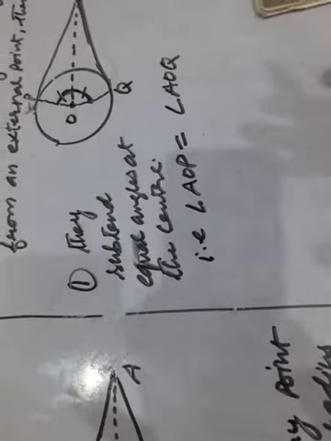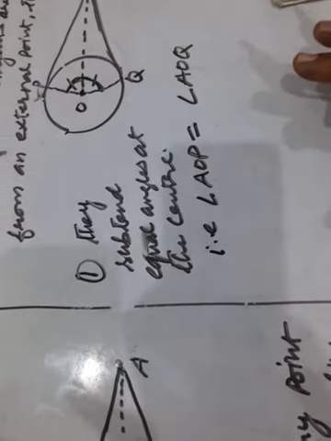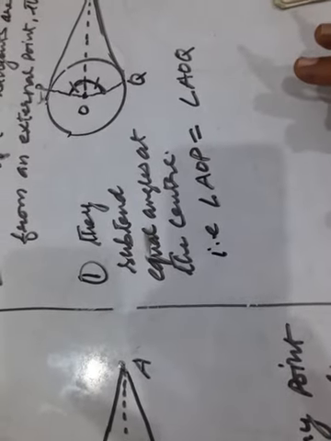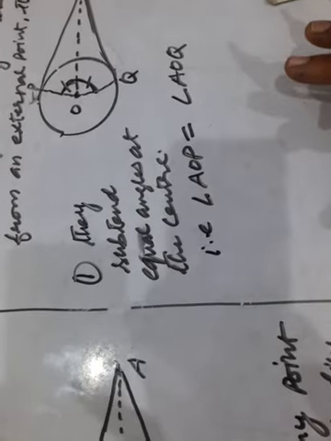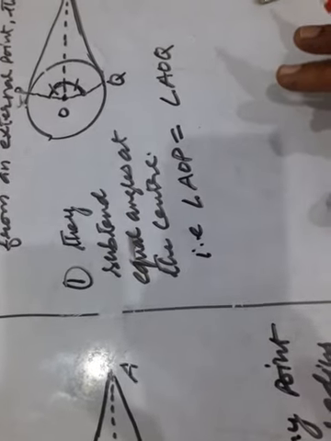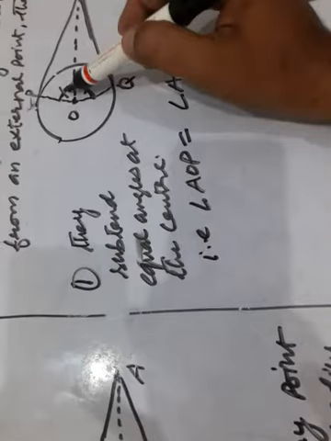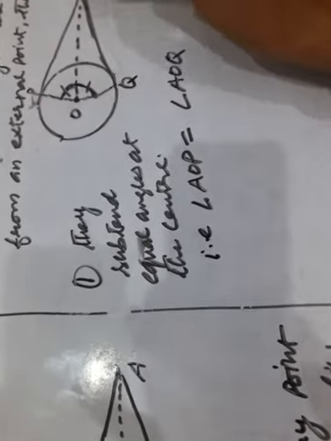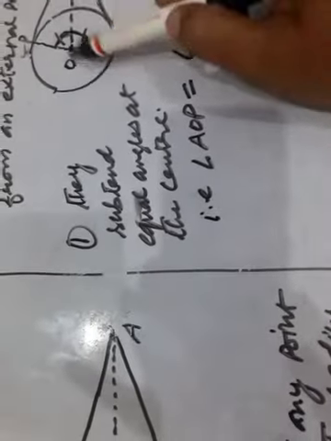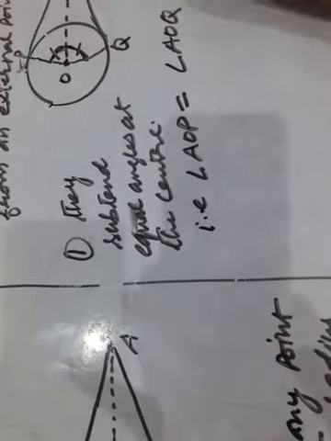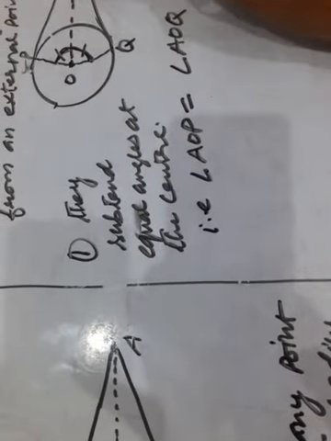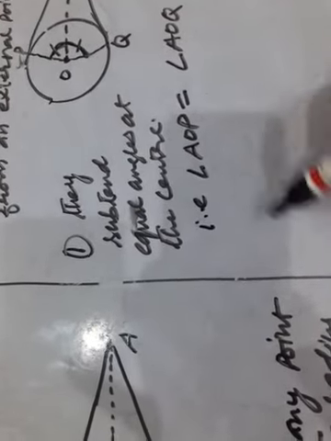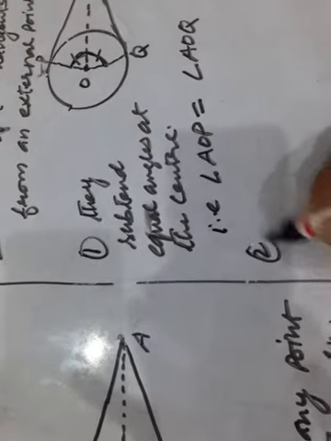Is there any doubt? This is a very important result, children. So if two tangents are drawn from an external point, then they subtend equal angles at the center. Look here, angle AOP equals angle AOQ. Clear? Right. What is the second point?